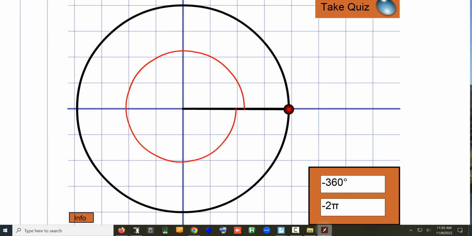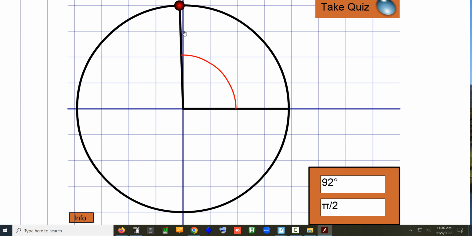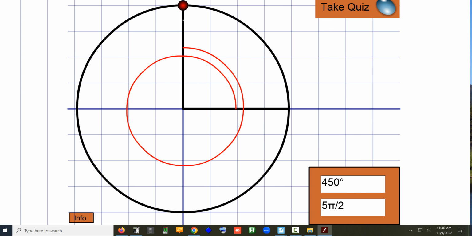So let's look at two different angles. Let's go like this. So there's 90. I want you to notice where the initial and the terminal side is right now. Okay, everybody got it? Now, let's do 450. How do the initial and terminal side compare now to where they were at 90?